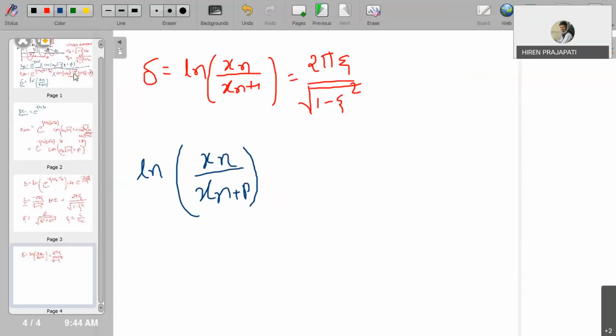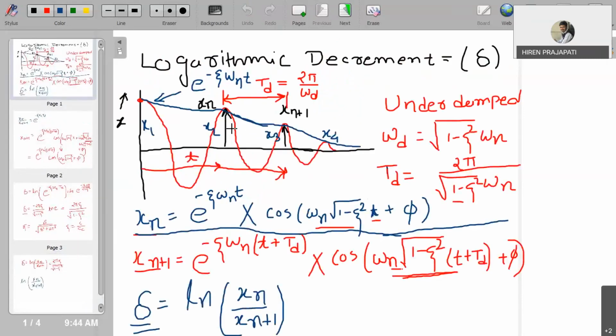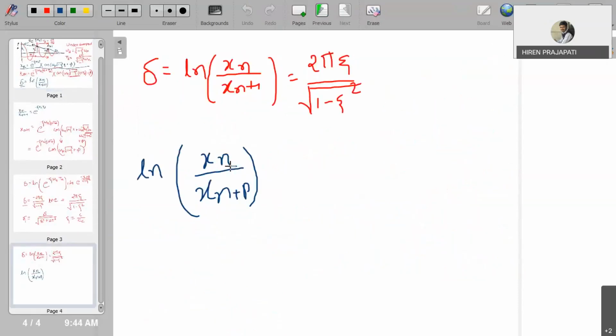It means if you consider cycle 1, 2, 3, then after completion of 3 cycles, what is the amplitude? It's x4. If you take the ratio of x1 by x4, that is what we are doing here. If you consider n equals 1, then x1 by x1 plus 3, that is x4, right?